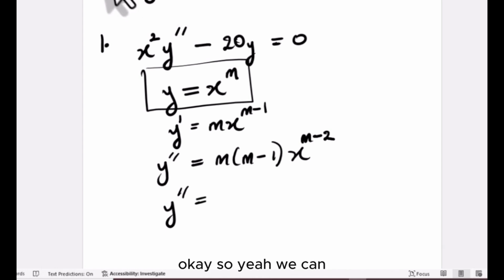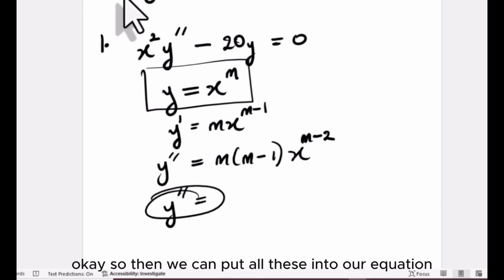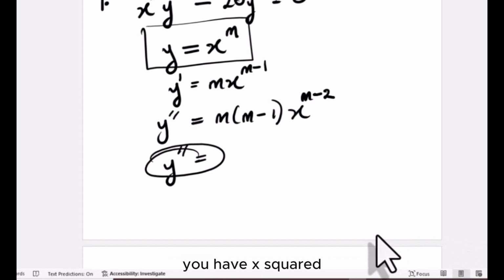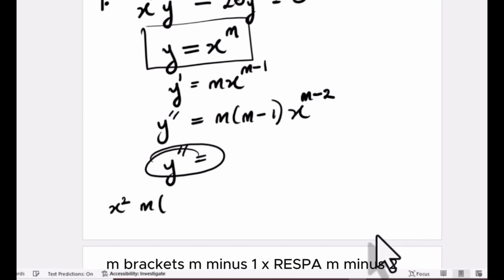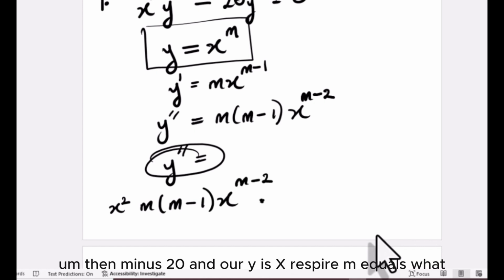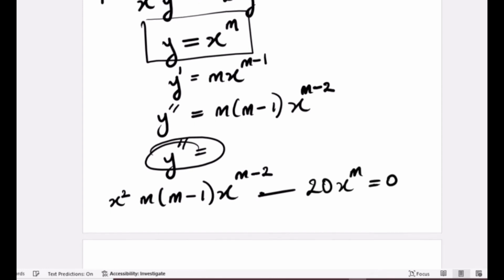Okay, so then we can put all this into our equation. You have x squared, the y prime prime is m brackets m minus 1 x raised to power m minus 2, then minus 20, and our y is x raised to power m equals 0.